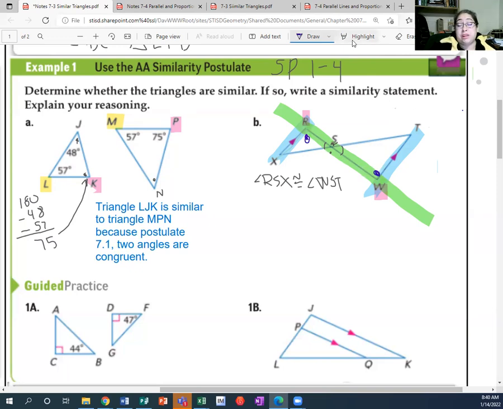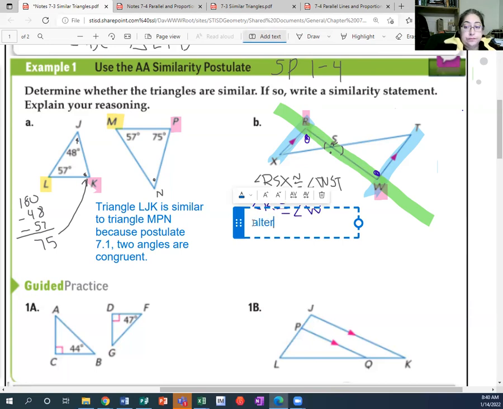Back to chapter 3 things. So that means this angle sitting here at R and this angle sitting here at W are congruent by the alternate interior angle theorem. And that came to us from chapter 3, I think.